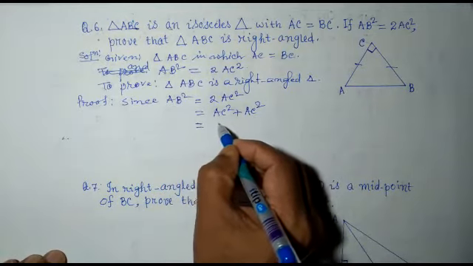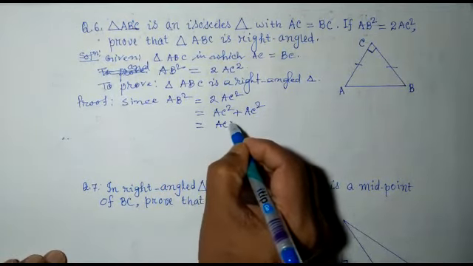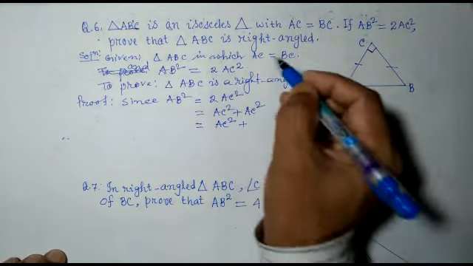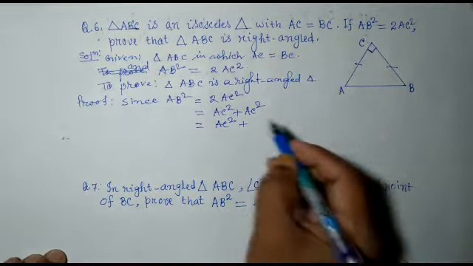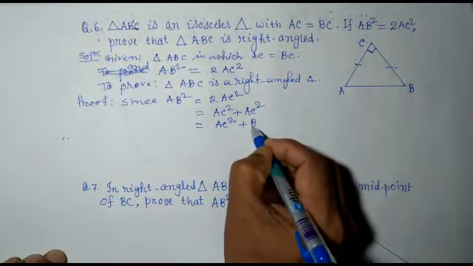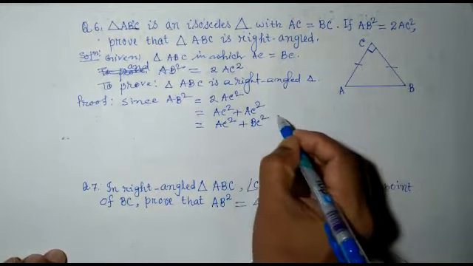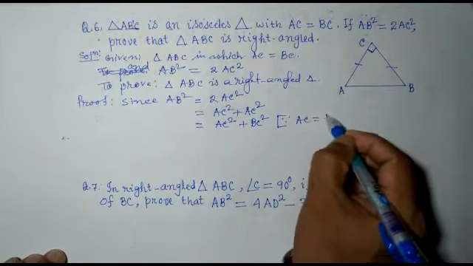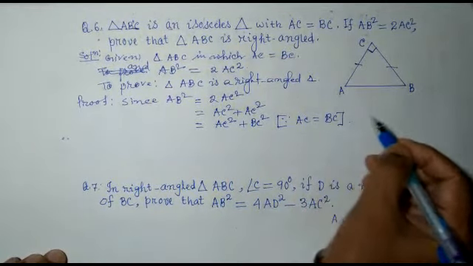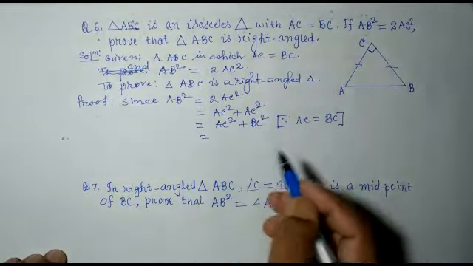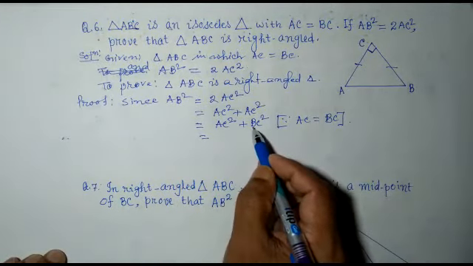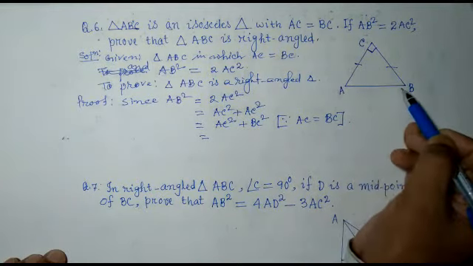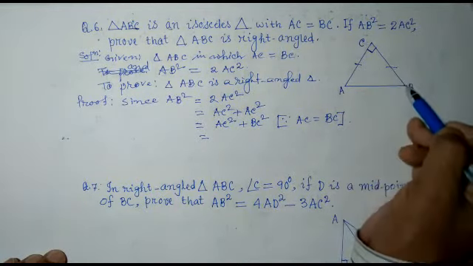Then it is equal to AC square plus, for AC, here it is given AC is equal to BC, so we can write BC square. So AB square is equal to AC square plus BC square.